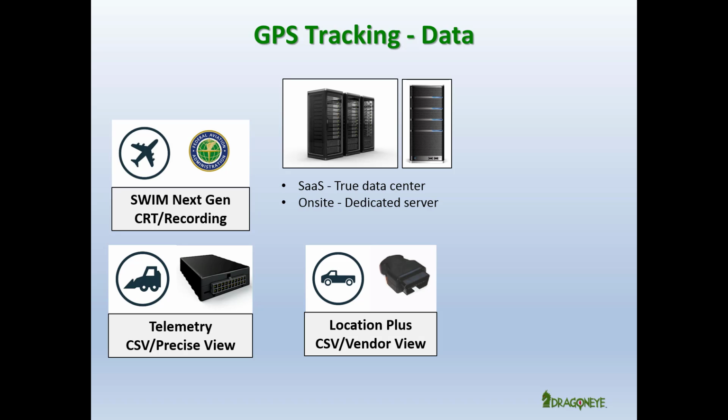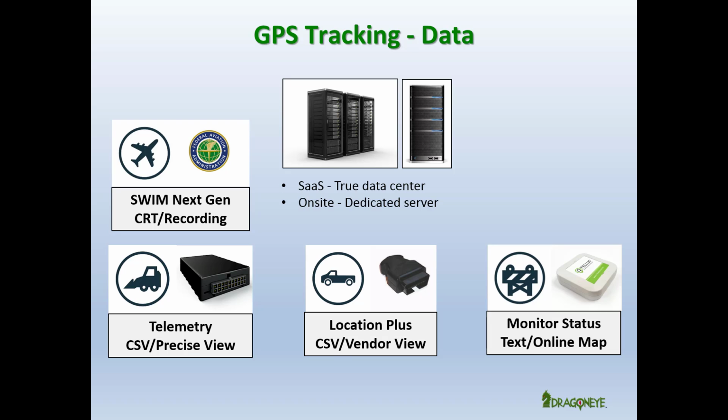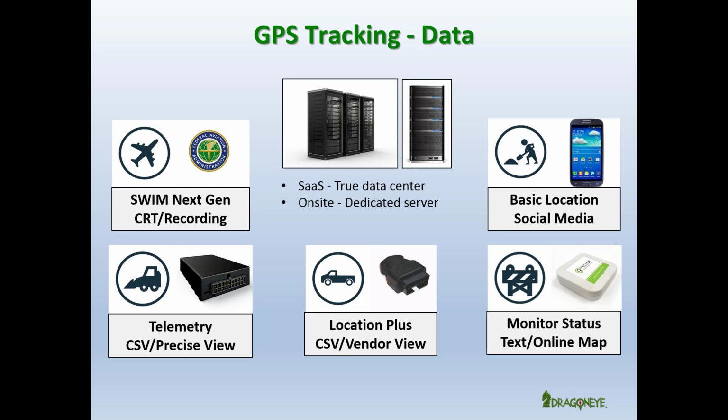Signals in the simple, stupid tracking category are also normally delivered as a CSV file or on a very basic online map such as Google Maps. Internet of Things data is commonly delivered as text messaging or a website focused on equipment status. Finally, smartphone tracking has the most expansive range of delivery through various web apps.